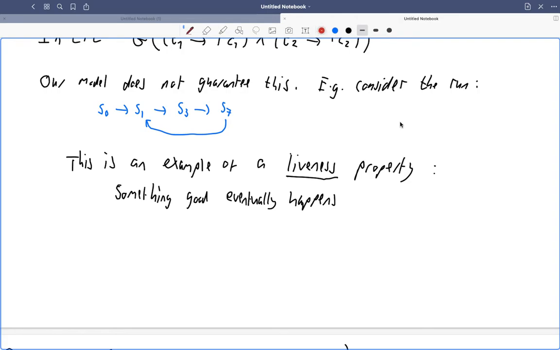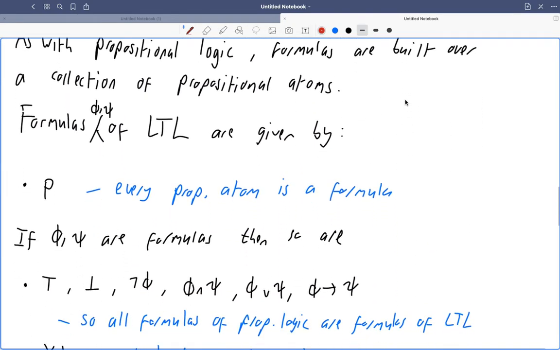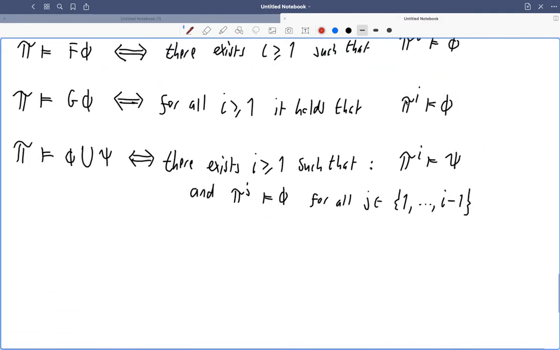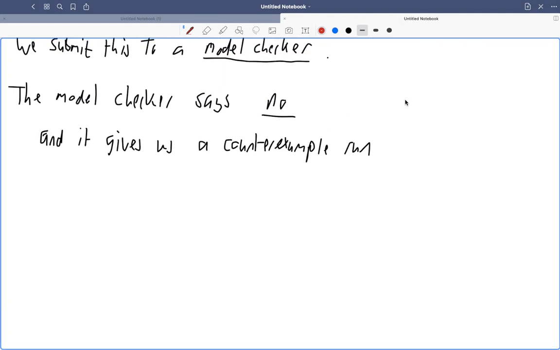Let's call this star star. So our counterexample run, e.g. star star, above.